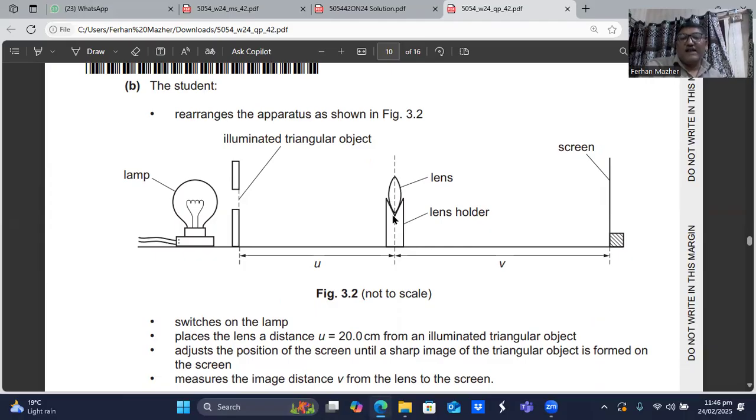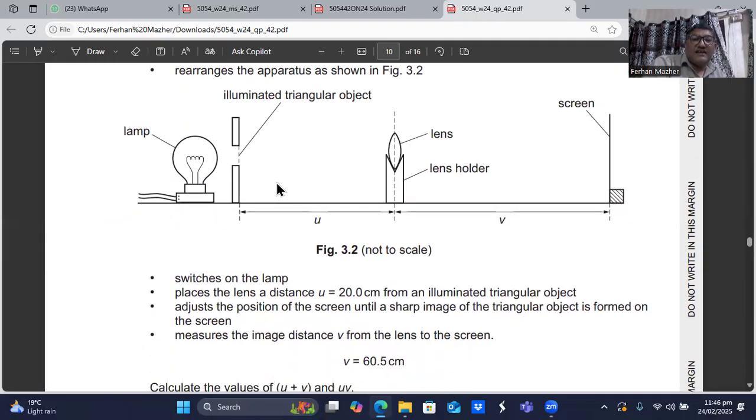Here we have a lens, and the distance between the lens and the object is u. Here we have a screen. You move the screen forward and backward, or you can move the lens also, and whenever you get a sharp image you place the screen there, and at that time the distance between the screen and the lens is v.